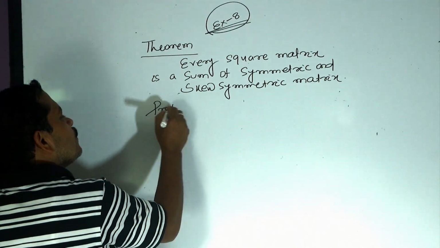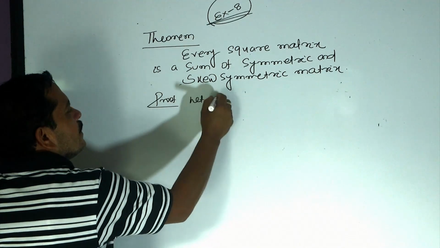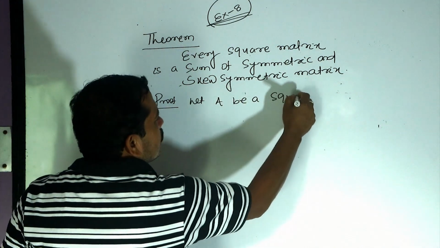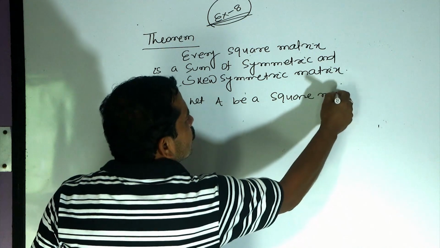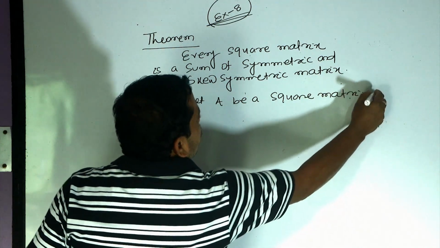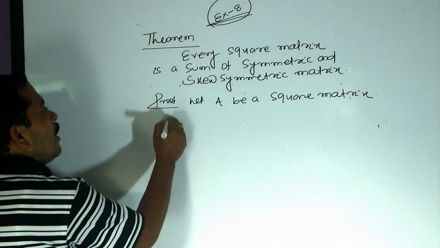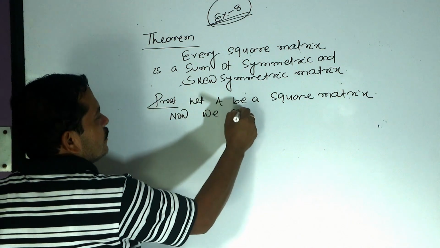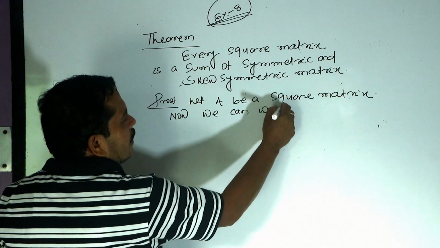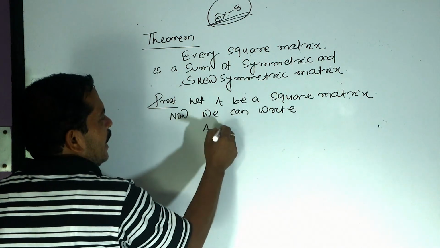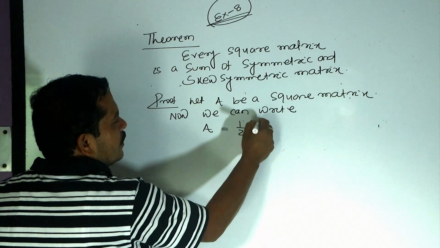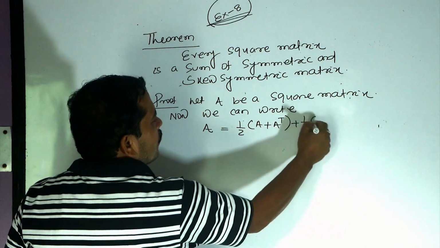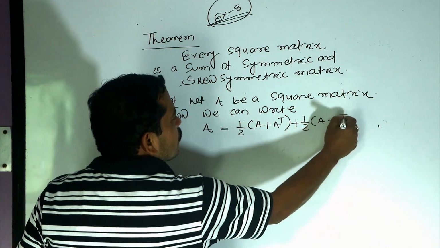Proof. Let A be a square matrix. Now we can write A equals half of A plus A transpose plus half of A minus A transpose.